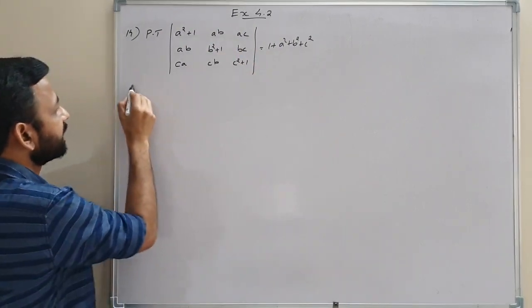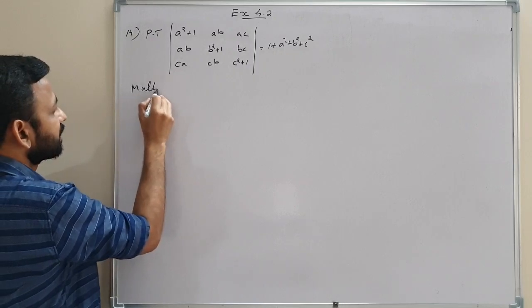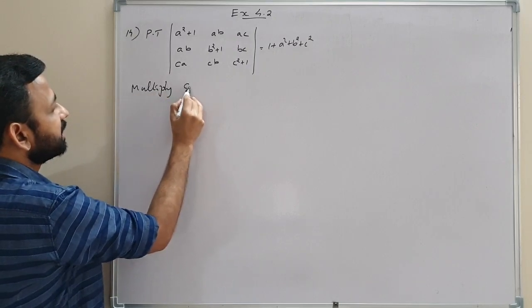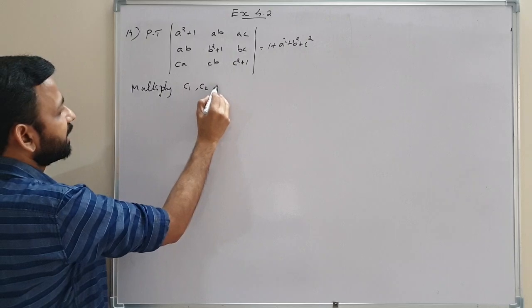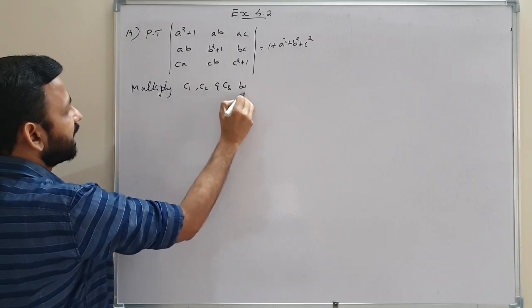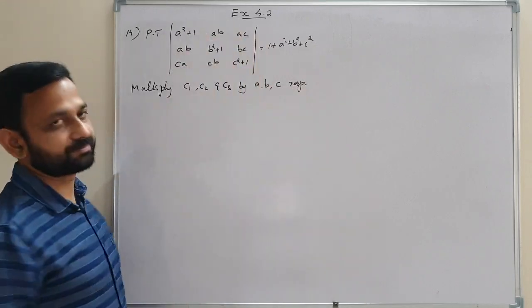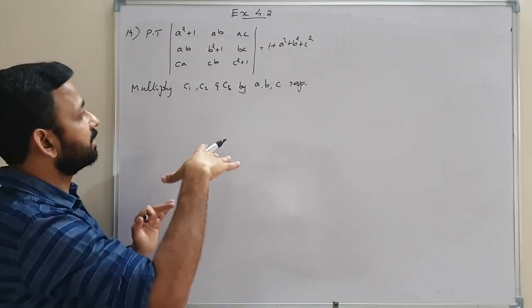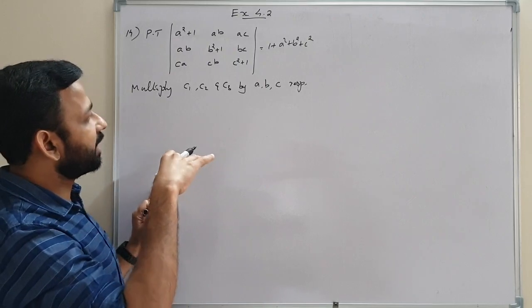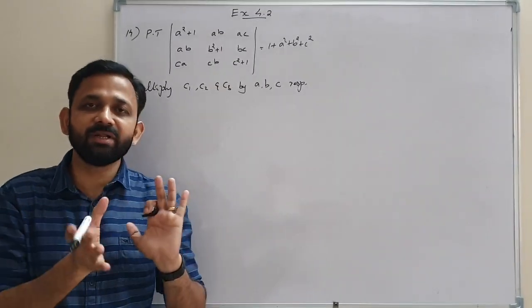So multiplying, that is the operation: multiplying C1, C2 and C3 by A, B, C respectively. So when we multiply C1 by A, the value of the determinant will change.